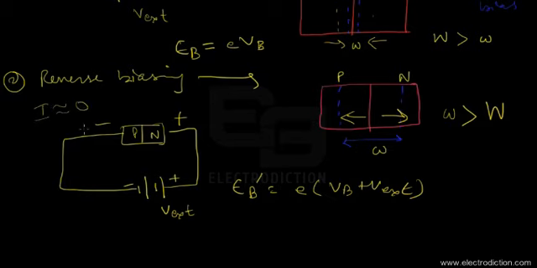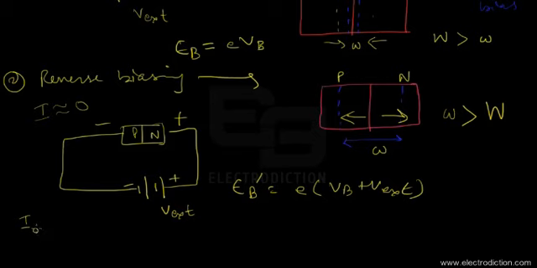So the current through the diode is approximately zero under reverse biasing condition, except for some very negligible minority carrier current that's generated inside a diode due to the diffusion currents and impurities inside, as was discussed in our tutorial on semiconductor physics.